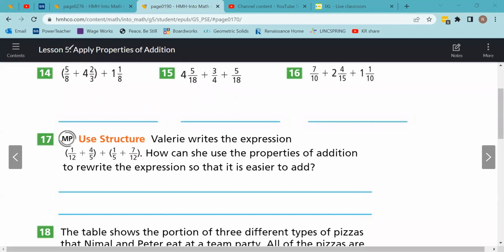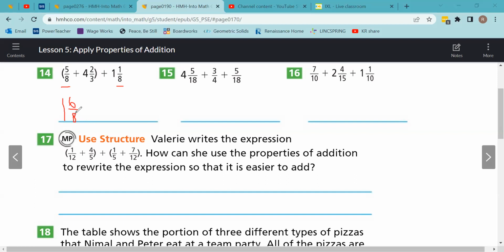Okay. Alrighty. Use the properties of addition to find the sum. So we know that even though these are in parentheses, since we're adding all 3 of these fractions and mixed numbers, we can just look at our common denominators, which here are eighths, right? So let's do 1 and 1/8 plus 1 and 5/8, and together we have 1 and 6/8.